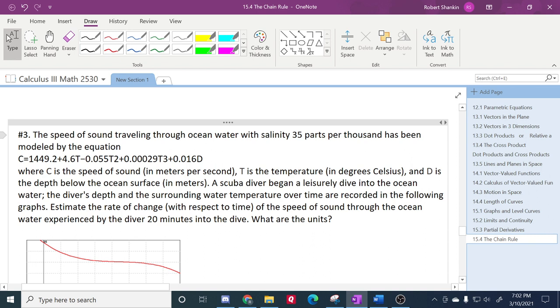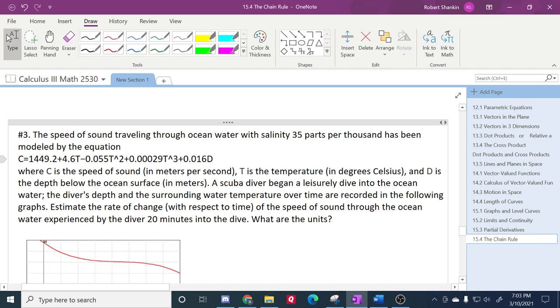The speed of sound is c, and it depends on the temperature T, t squared, and t cubed. Copied these in, it didn't take those. Alright, so notice how the speed of sound depends on the temperature of the water and d, the depth below the ocean surface.